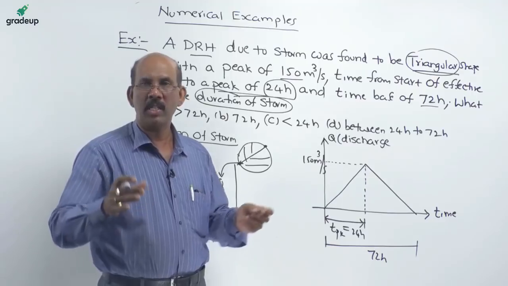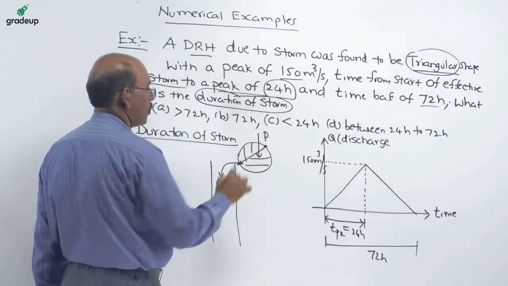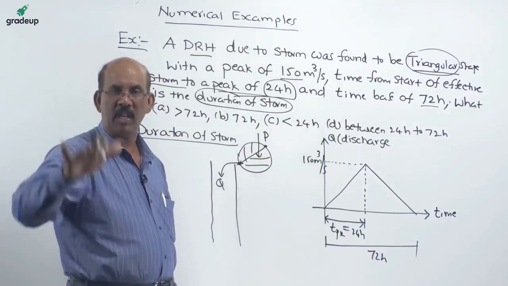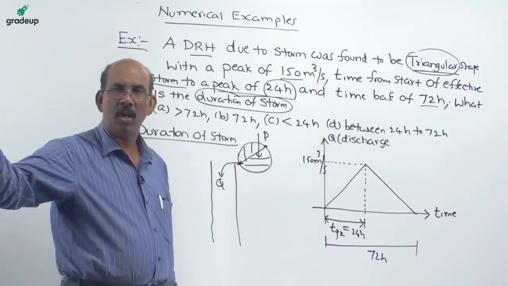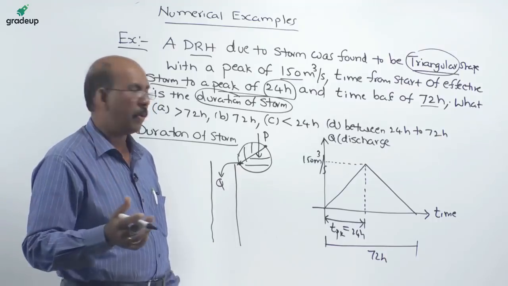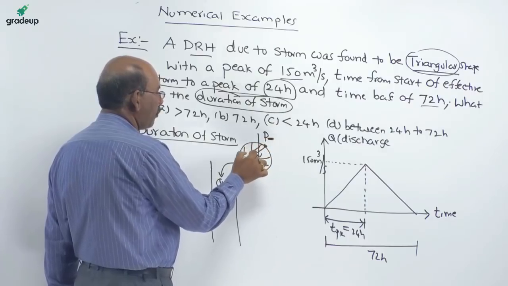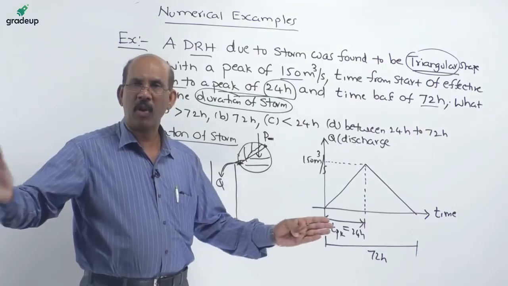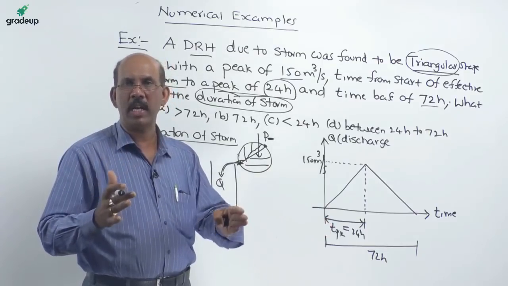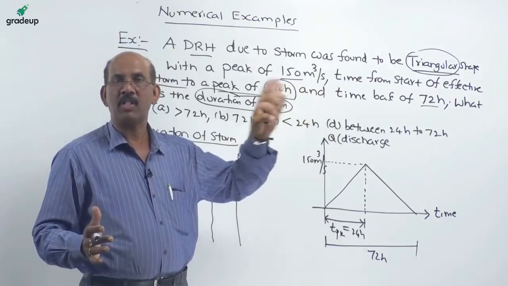That means once the rainfall stops, then the peak flow will occur. Once the rainfall stops here, all this flow should reach here. That means the peak flow in the river can be seen only after the rainfall stops.